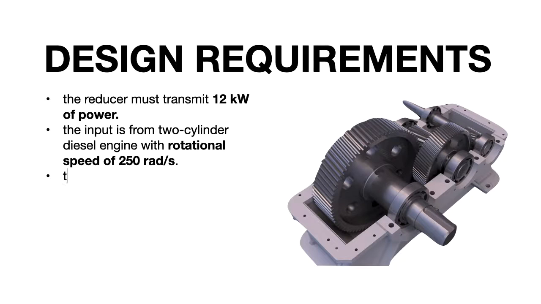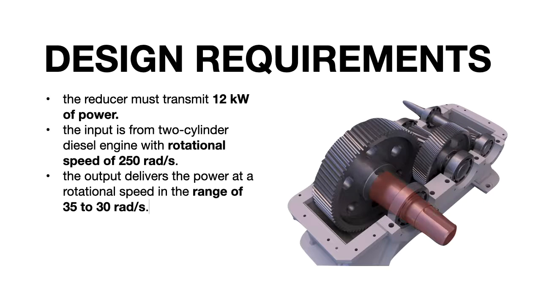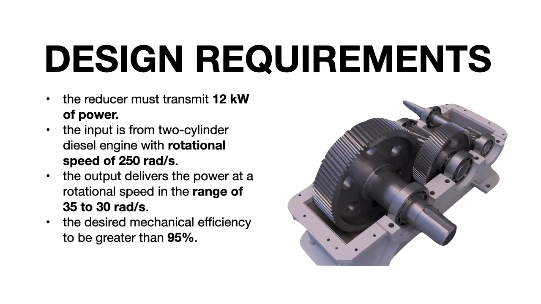Okay, the third one, we want the output to deliver the power at a lower rotational speed in the range of 35 to 30 radians per second. So that range from 35 to 30 is the quantitative value, okay, which describes the specific design requirement. The fourth one is we want the speed reducer to have a mechanical efficiency greater than 95%, and finally the minimum output torque should be at least 350 Newton meter.